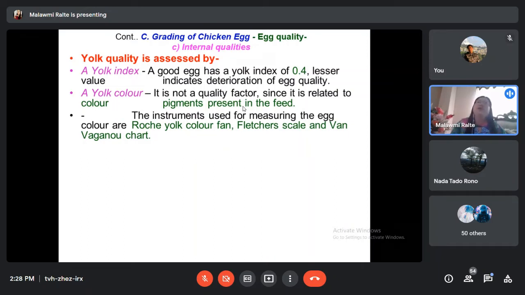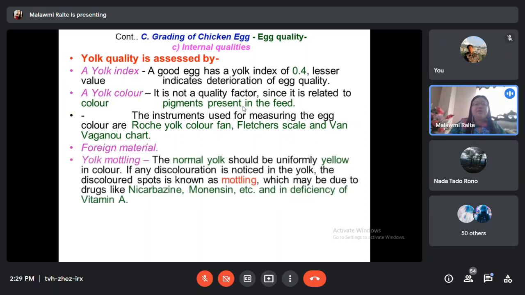Suppose the hen is eating a large amount of maize and other things, or suppose that hen is taking green leafy vegetables, the yolk will automatically be more yellow in color. Okay, so the instruments used for measuring the yolk color are the Roche yolk color fan, Fletcher's scale, or Van Wagenen chart.